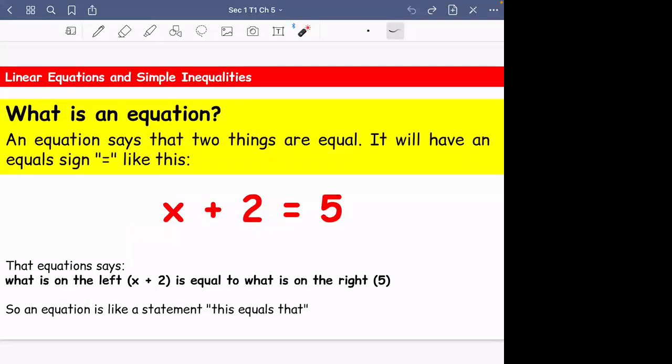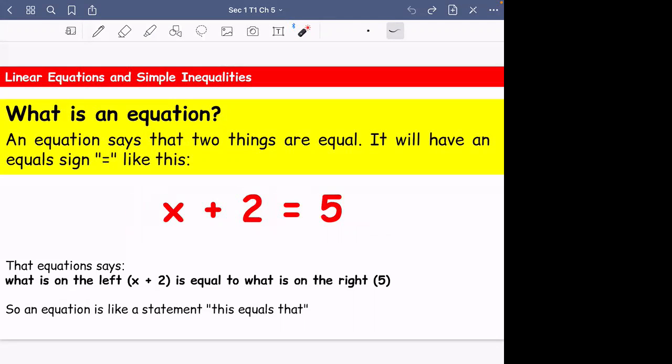That's why it's called equation. Again, what's on the left side of the equal sign is equal to what's on the right of the equal sign.